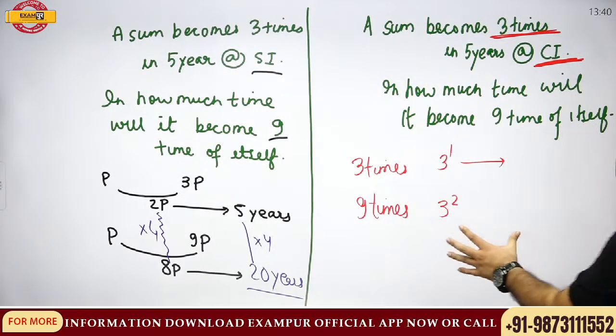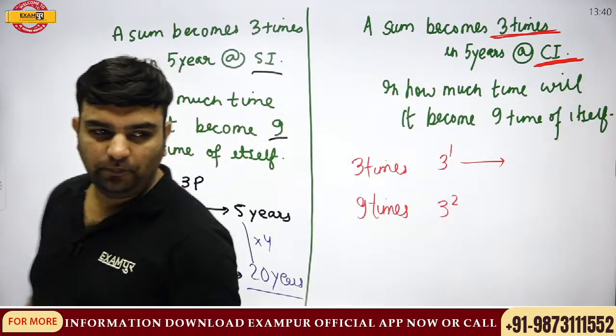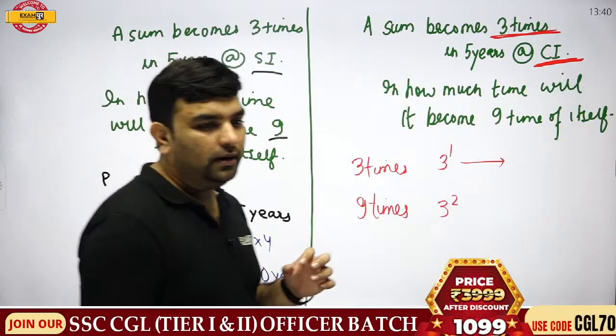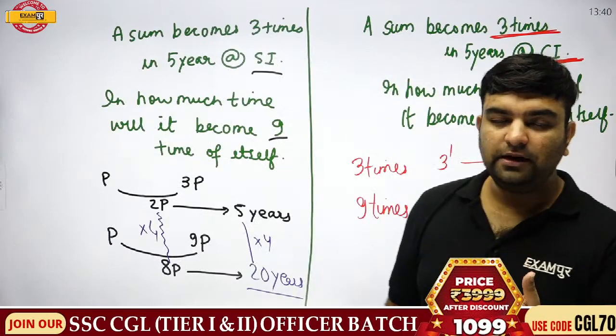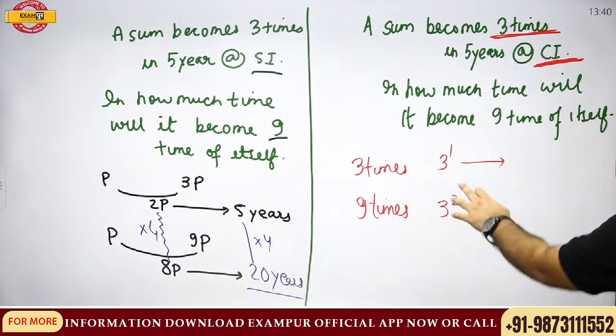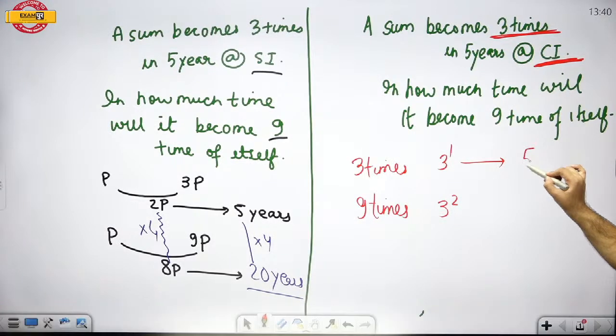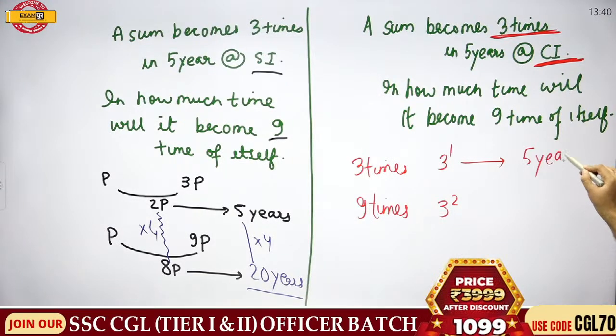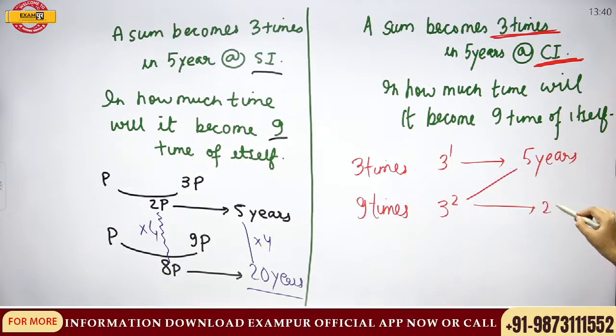So whenever such a question is made, it is made between numbers which can be taken as powers of the same value. 3 to the power 1 is in 5 years, then 3 to the power 2 is going to happen in 2 into 5, 10 years.